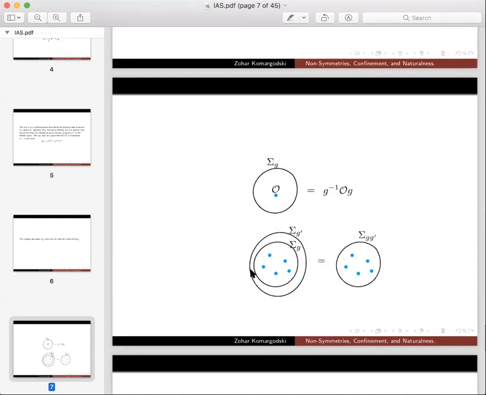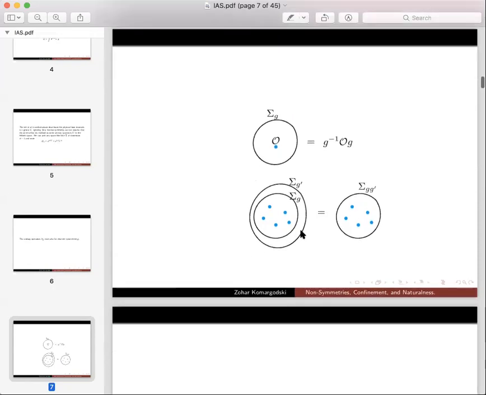And you can also compose the symmetries. You can take two codimension one surfaces and compose them, and the order potentially matters, right? If you do first G and then G prime, or if you do G prime first and then G, if they don't commute, the order is important. In any case, you can fuse them to G G prime. Actually there is a typo here. It's supposed to be G prime G because you act with G first and then G prime. So I'm sorry for that typo.